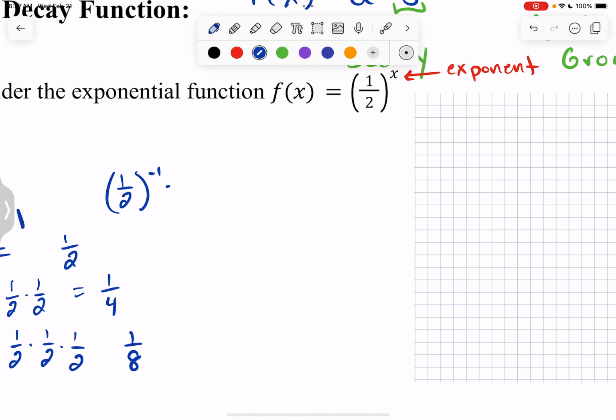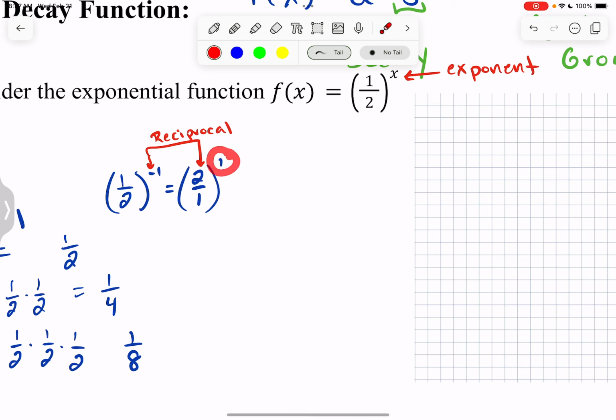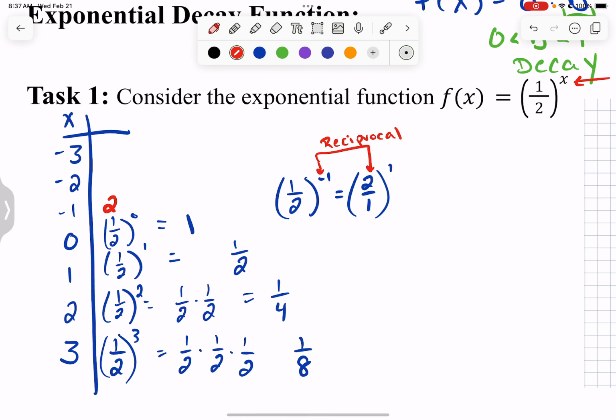That negative exponent is going to take the reciprocal of 1/2, which is going to be 2 over 1, and take it to the 1st. Because if you notice, that negative exponent's gone here because I reciprocaled it. So then I just get 2 to the 1st, which is 2. So to the -1 would be 2.